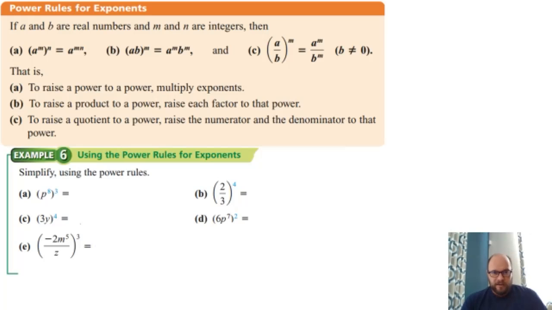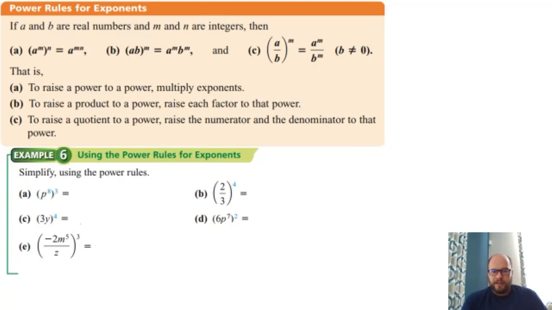And then here on part B in this example, this is what I was talking about earlier. I actually used this in one spot already. A times b to the m, it's almost as if it's getting distributed to both parts. Both of these have a 1 on them, so it's just being multiplied, just like it got multiplied here. So it would be 1 times m, or just m, on each of those.